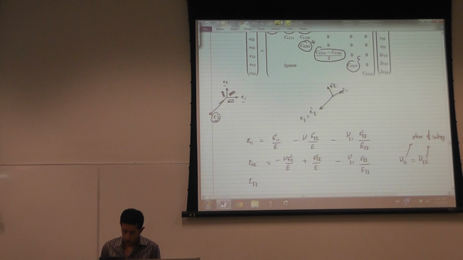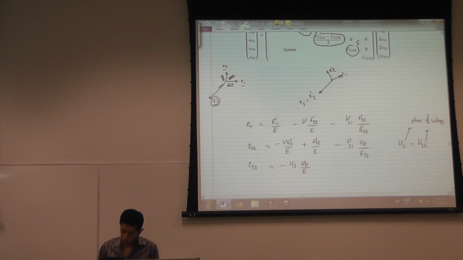Epsilon 3 is equal to negative Poisson's ratio 1, 3, sigma 1 over E, and this is related because of symmetry.